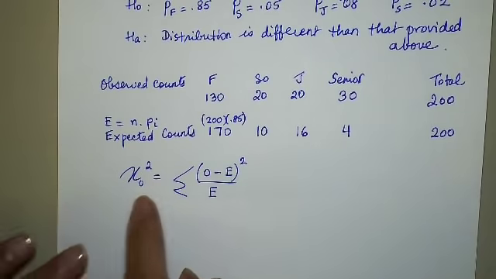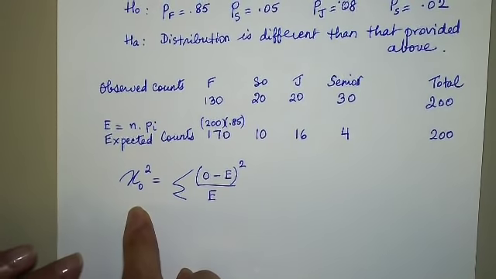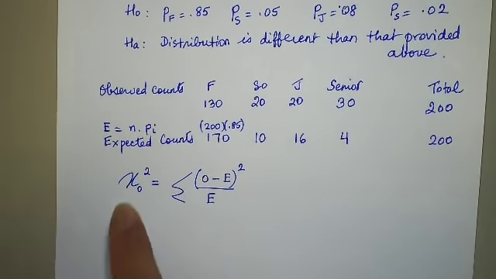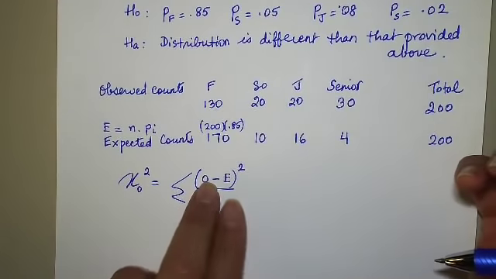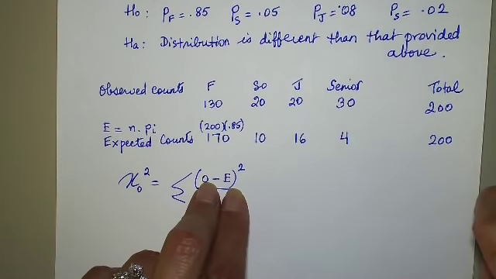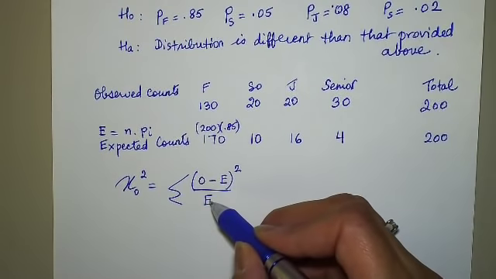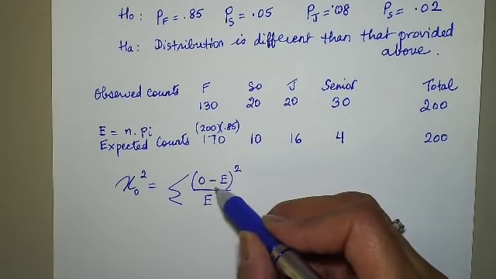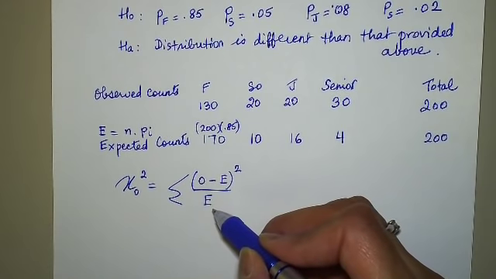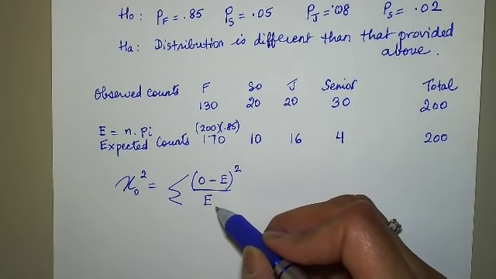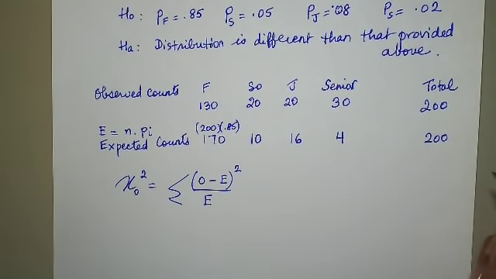Then there's something called the chi-square test statistic, chi-naught squared, which is the summation of observed minus expected squared over expected. So we're going to take the difference between what was actually observed and what was expected to see if they match up. If this number is big, it means that there's no match, because the difference between observed and expected is too big.